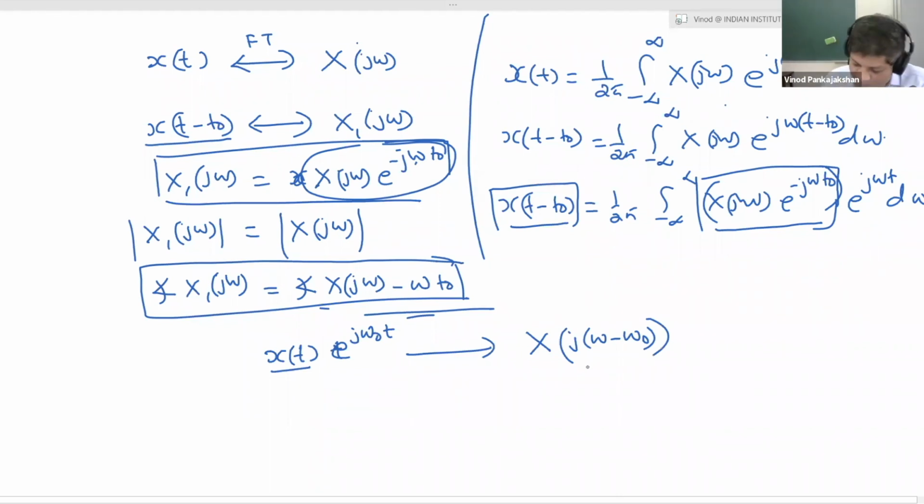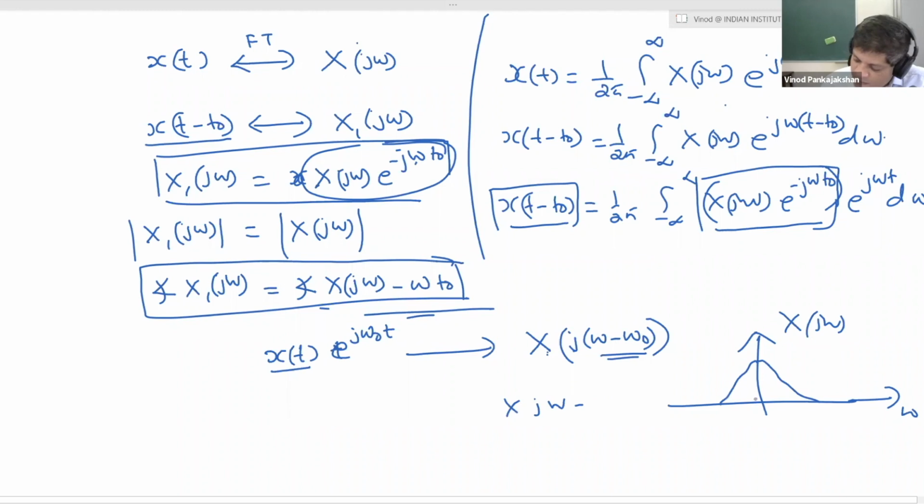And remember, when I write X(j(ω minus ω naught)), we sketch X(jω) as a function of omega. And what is the meaning of this ω minus ω naught? We are shifting that function. For example, if X(jω) is something like this, what is X(j(ω minus, let's say, π))?